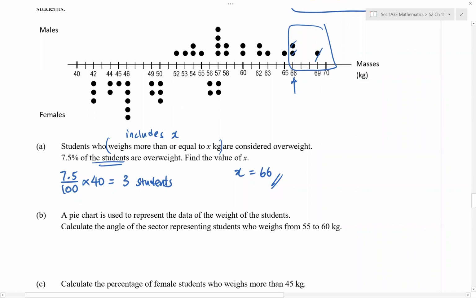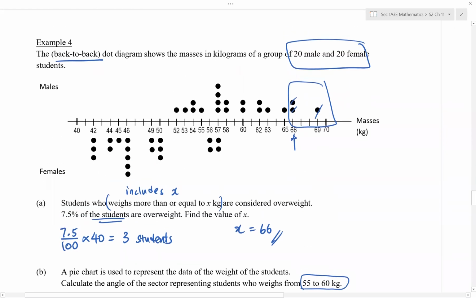Moving on to part B. Now again, we have a pie chart to represent data of the weight of the students. Calculate the angle of the sector of students who weigh from 55 to 60. Again, we will need to count 55 to 60. Let's identify the students, okay, over here, all the way to 60.